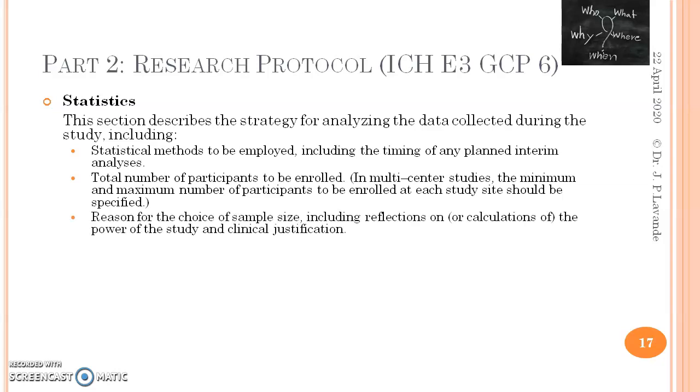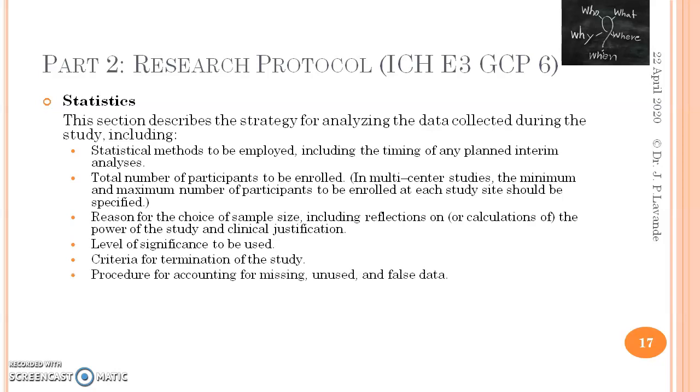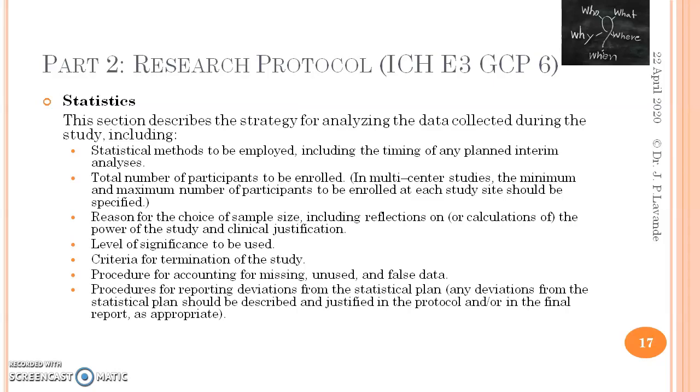Reasons for the choice of sample size, including reflections on or calculations of the power of study and clinical justification, level of significance to be used, criteria for termination of the study, procedure for accounting for missing, unused and false data, procedures for reporting deviations from the statistical plan.